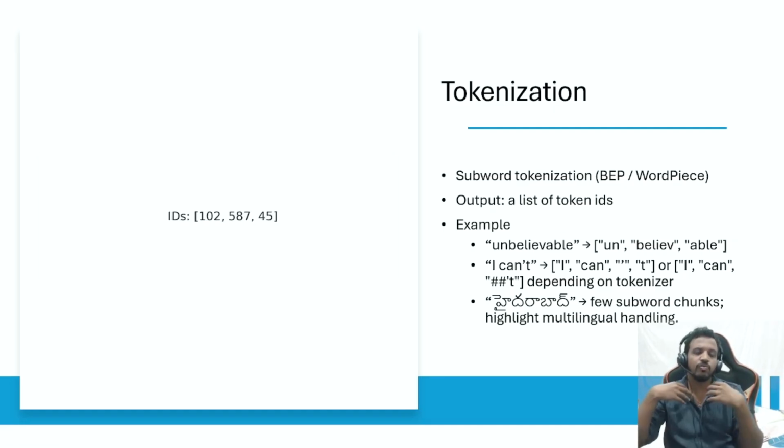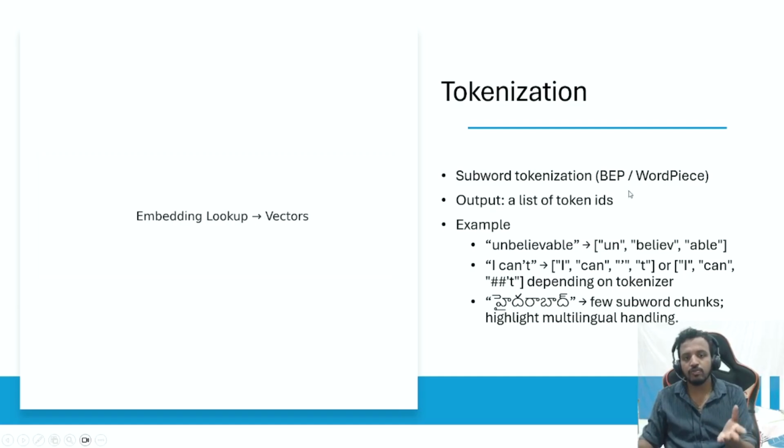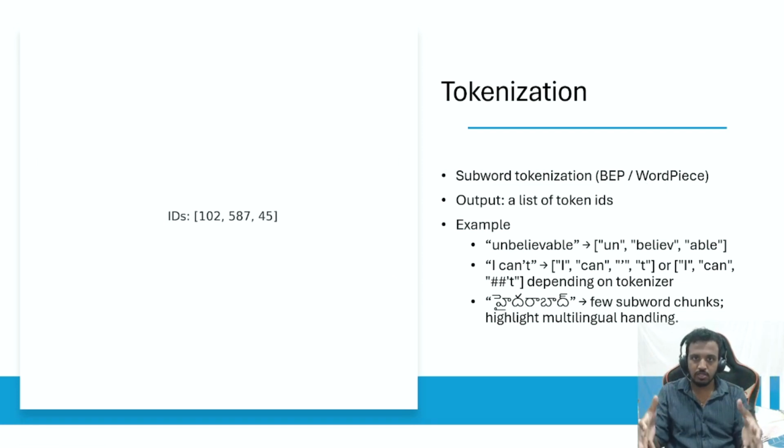Now it can be done with various algorithms. A few of them are BPE, which is byte pair encoding based, and then WordPiece. Why do we have so many algorithms? Because the way we want to tokenize a big dictionary given as an input is different based on different criteria.